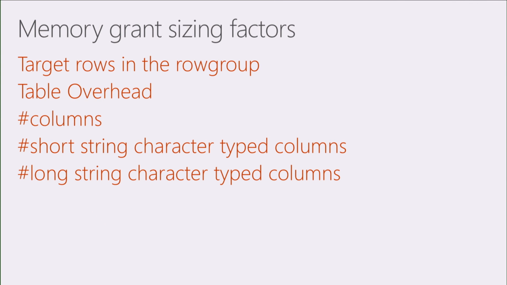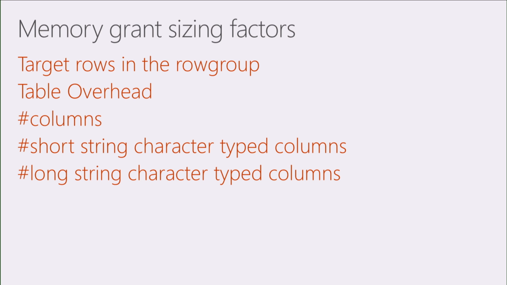So one of the things when you're running queries is that you have this thing called a memory grant. Every query gets its memory grant, and this memory grant has a number of sizing factors that it takes into account. These are the sizing factors: the number of rows in the row group, the overhead, the number of columns, and the short string type columns, i.e. anything less than or equal to 32 bytes.